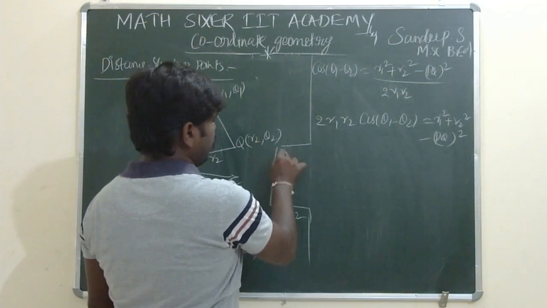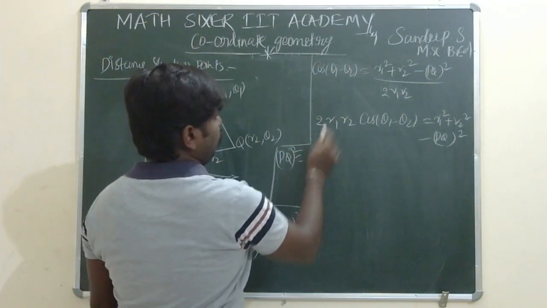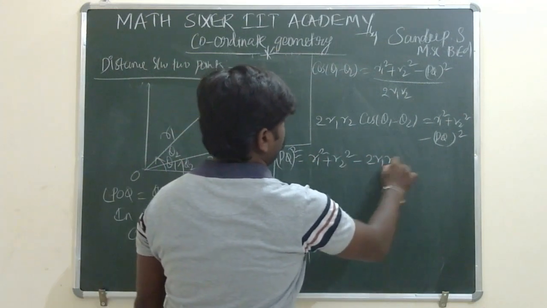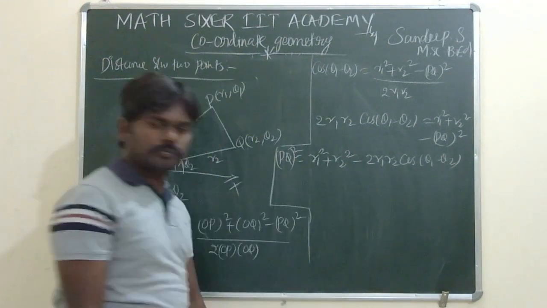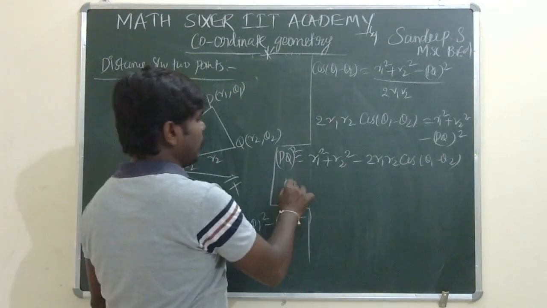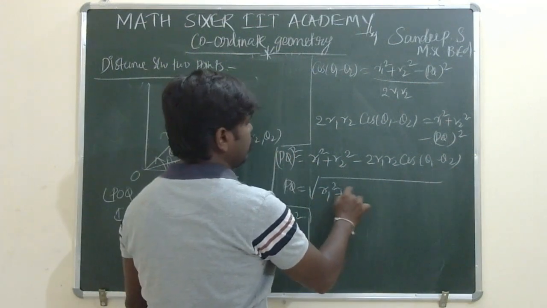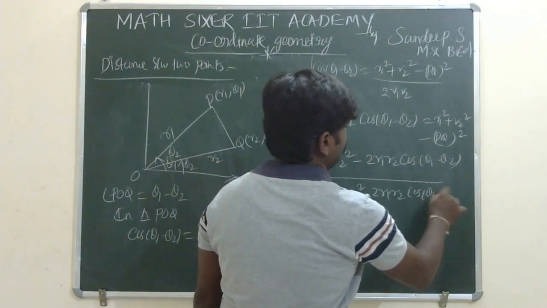Then PQ square is equal to R1 square plus R2 square minus 2 R1 R2 into cos of theta 1 minus theta 2. So the PQ value is the square root of R1 square plus R2 square minus 2 R1 R2 into cos of theta 1 minus theta 2.